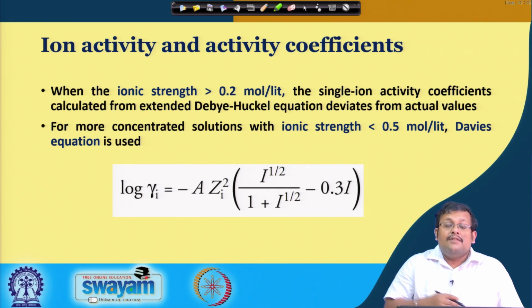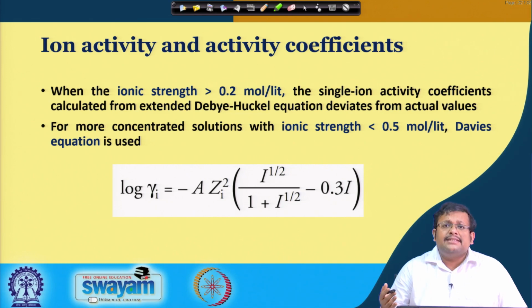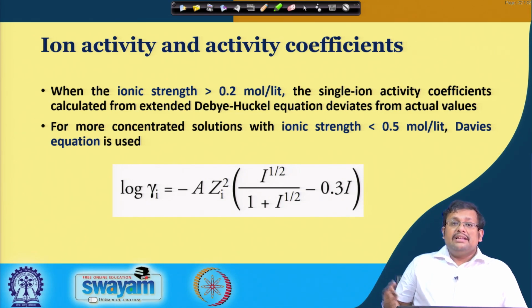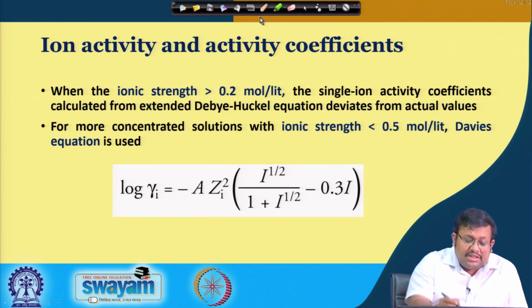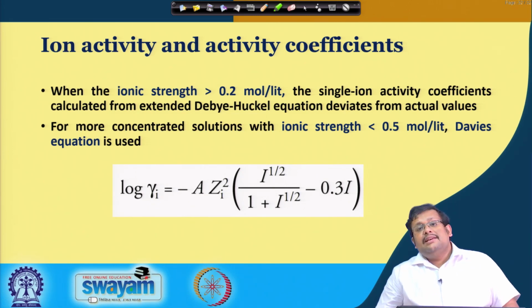However, for more concentrated solutions with ionic strength less than 0.5 mole per liter, we generally follow the Davies equation, which takes the form log of the activity coefficient equal to minus A Zi squared, I to the power half over 1 plus I to the power half, minus 0.3 I, where I is the ionic strength, A is a constant, and Zi is the valence or the charge.